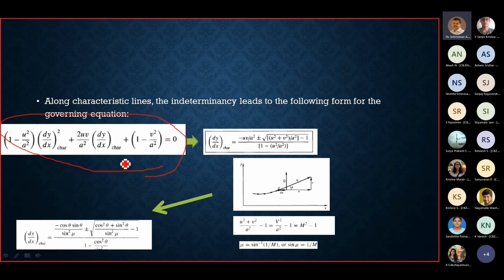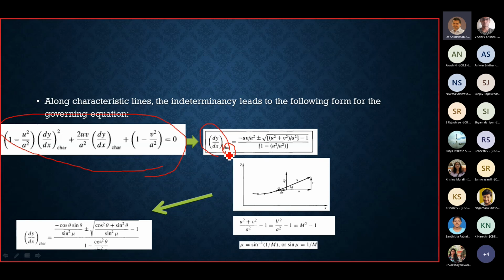an equation with a degree of 2, for which we have the standard form of solution, where dy/dx can be written as, this is the standard form for second degree equations, (-b ± √(b² - 4ac)) / 2a, etc. So this can be transformed to such a form where we can calculate the dy/dx. Now not everywhere, but along the characteristic lines, because only along the characteristic lines the differential equation becomes ODE.